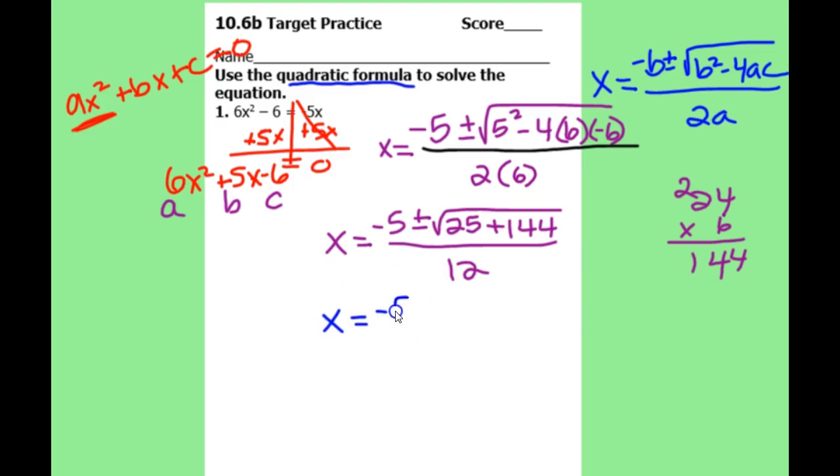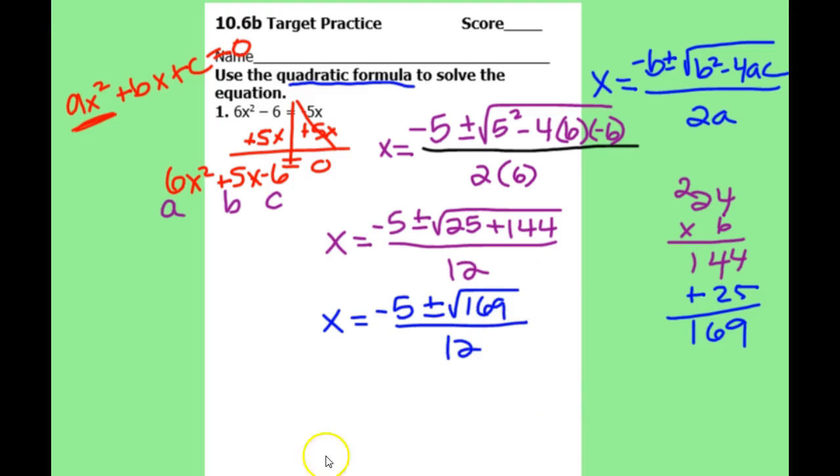So then, simplifying again, we have negative 5 plus or minus the square root. If we add 144 plus 25, we get 169, all over 12. Now, if I were you, I would plug the square root of 169 into our calculator to see if it equals a nice number or not.